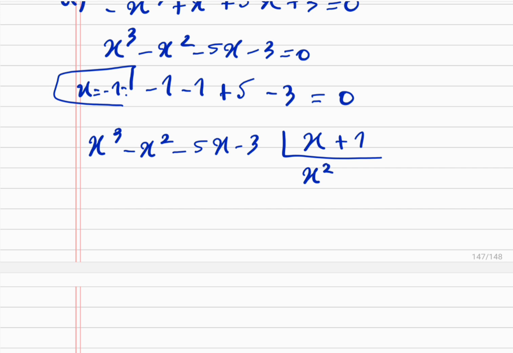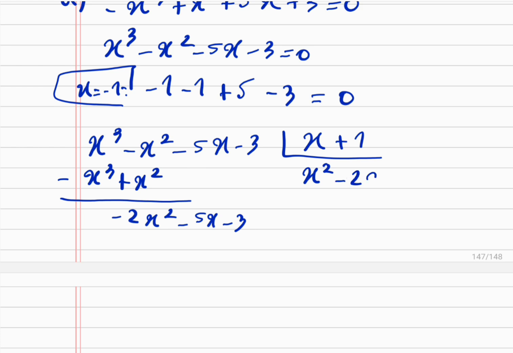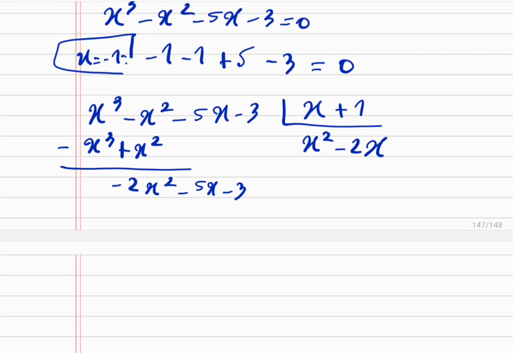First of all is x squared, which gives us x cubed plus x squared. If we subtract, we get 0, and then here we get -2x squared minus 5x minus 3. Here is minus 2x, which gives us minus 2x squared minus 2x.